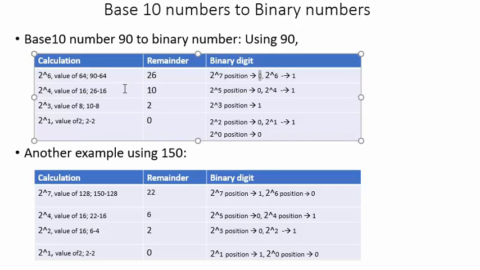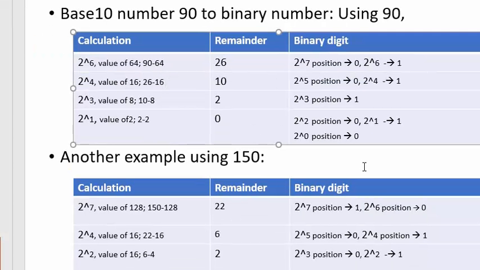Next, the remainder is 26, right? So 2 to the 5th is 32. 32 is bigger than 26, so you cannot use it. So 2 to the 5th gets a 0.